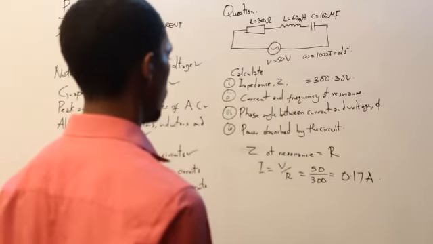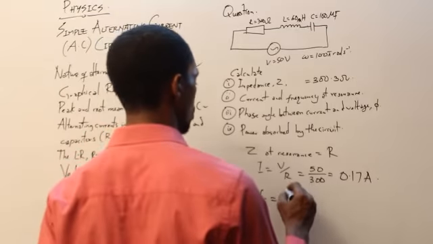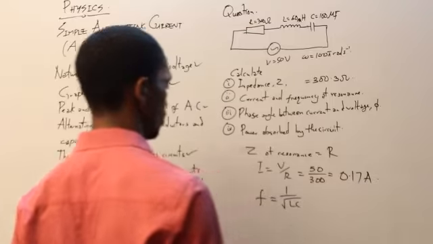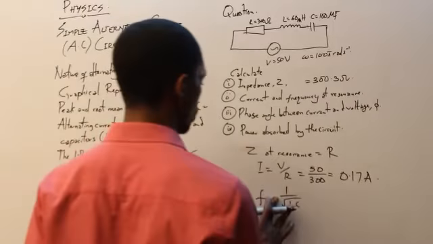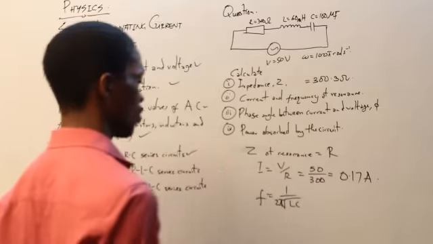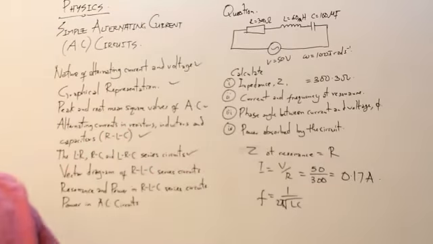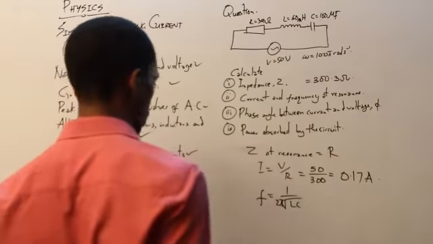Also, to calculate the frequency at resonance: the frequency equals 1 over 2 pi square root of LC.